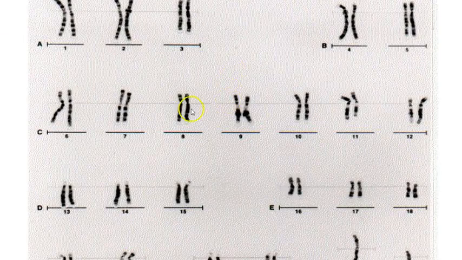So all of them are paired up and they look alike, except our XY at the very bottom. The X is about double the length of the Y chromosome. And that's going to be important when we talk about sex-linked or X-linked mutations.